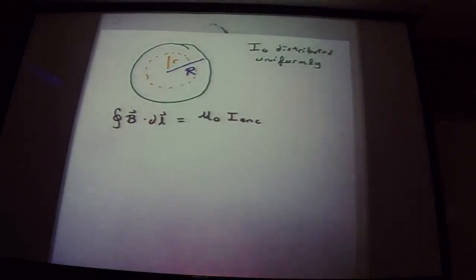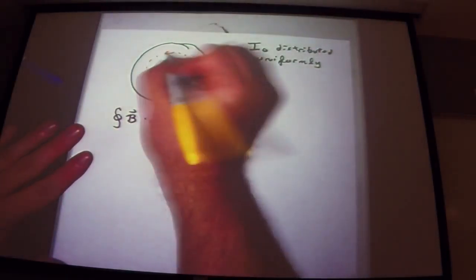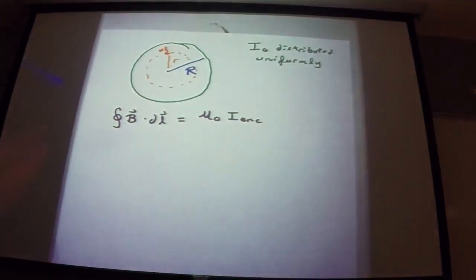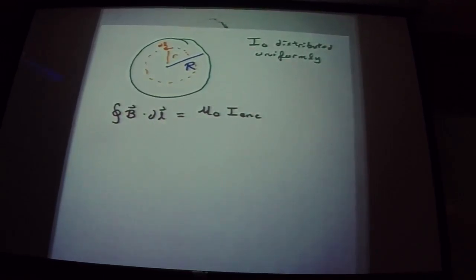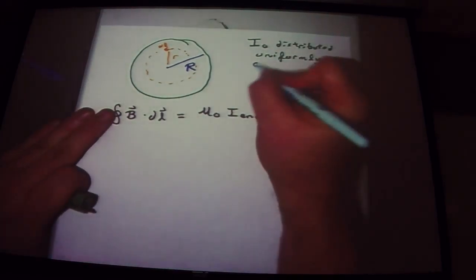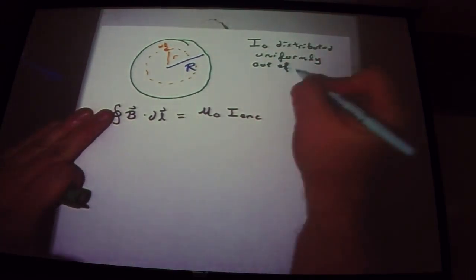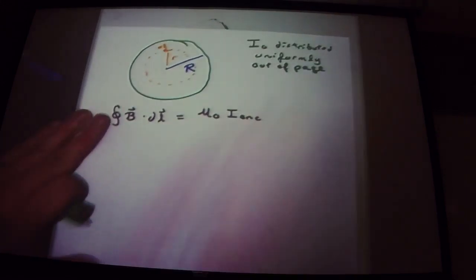So if we're at a point on this thing, and I'm going to put the point up here, I'm going to draw my little dl here. That's my little dl. So at that point, what's the direction of the magnetic field? Well, the current, all of this is coming out of the page, and you do need to be told that. You do need to be told whether it's coming out or in.